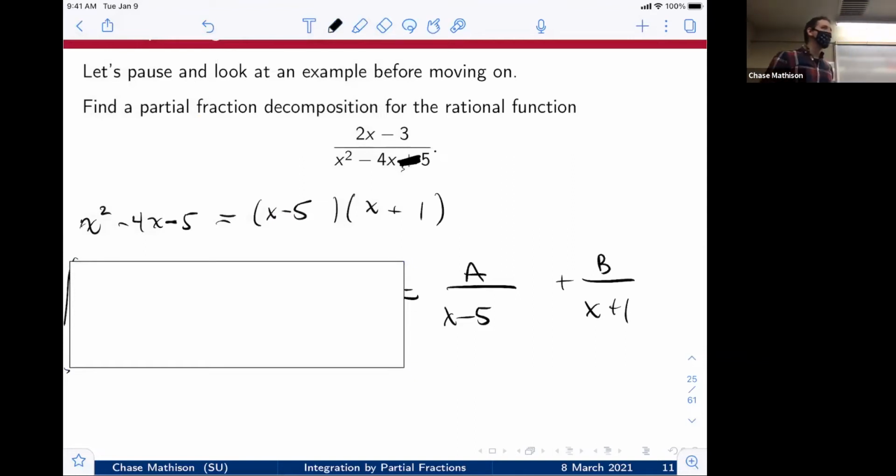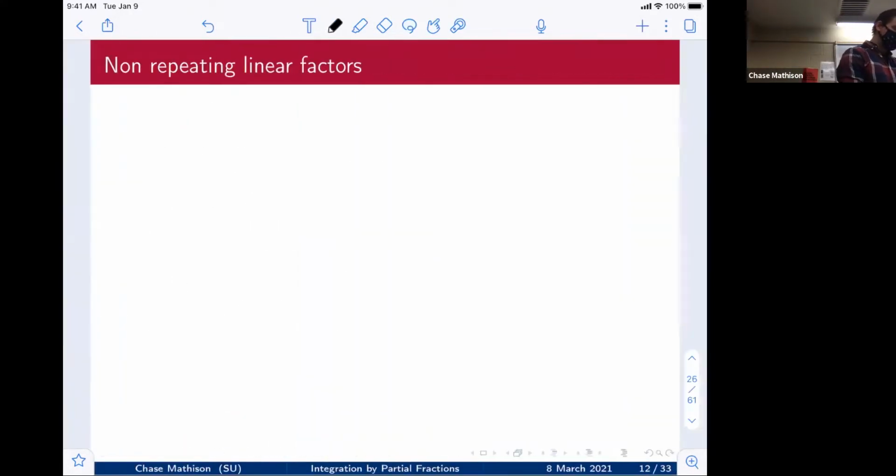I would find a common denominator, and clearly the common denominator is x minus 5 times x plus 1, right? So I would rewrite this as A over x minus 5 plus B over x plus 1. That's equal to, well, a common denominator is just the product of their denominators.